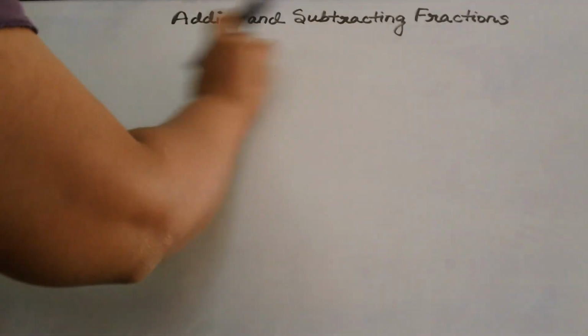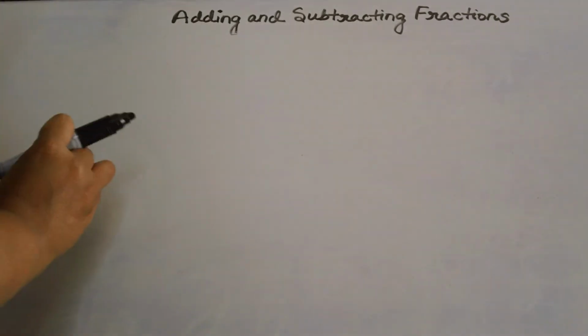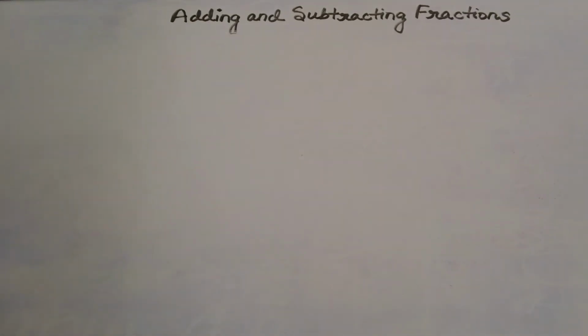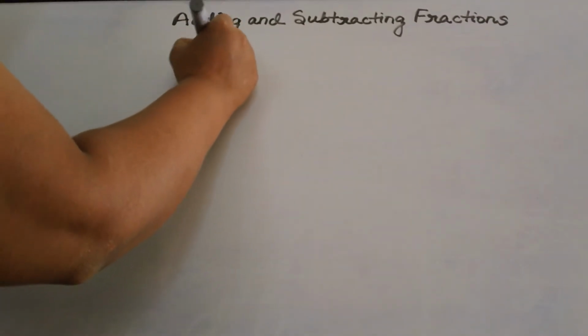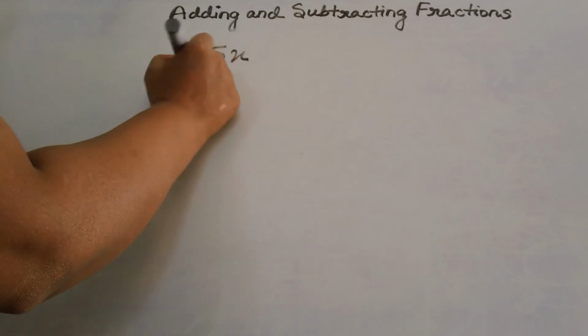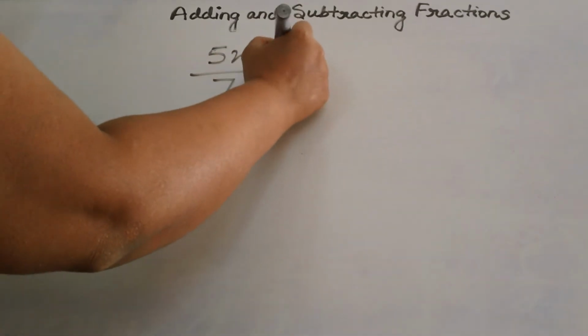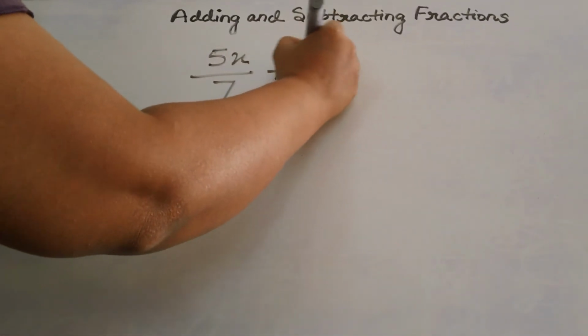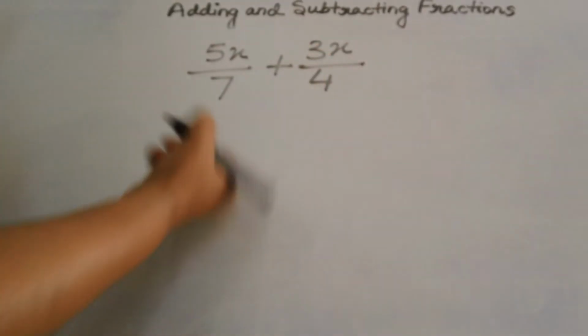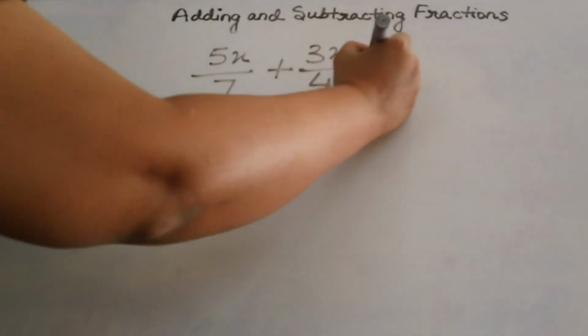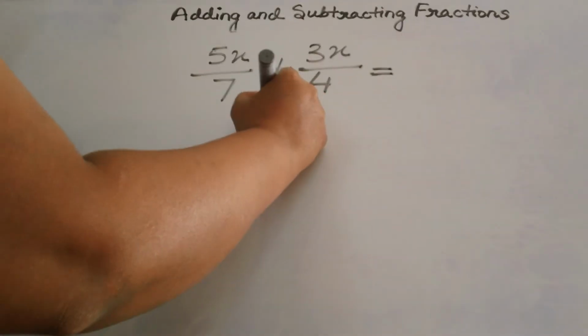Now let's try to solve adding and subtracting fractions with variables where the denominator is not the same. So if we have 5x by 7 and we want to add 3x by 4, now here the denominator is not the same, so we will need the least common multiple.